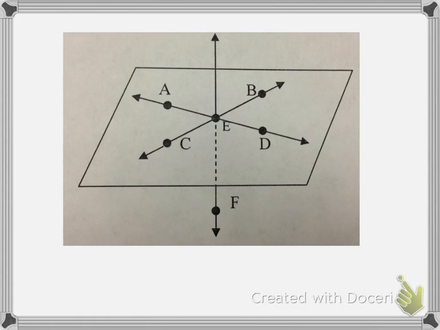Alright, we are on number 6. Number 6 wants to know if F, A, E, and D are coplanar. Here's an example where we have 4 points. But these 3 points, A, E, and D, are all on the same line.